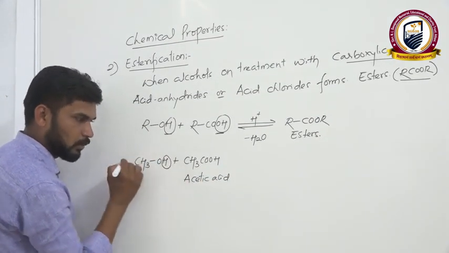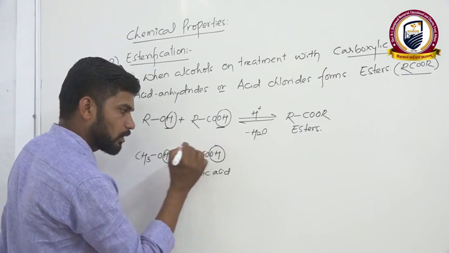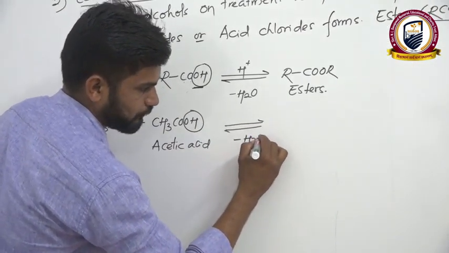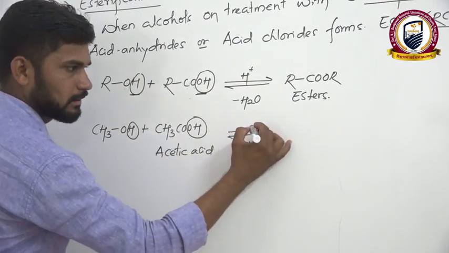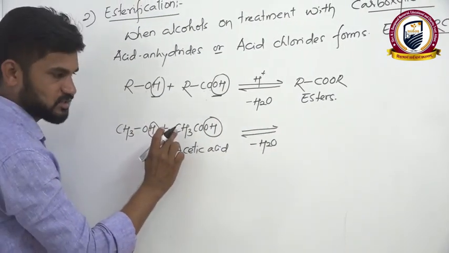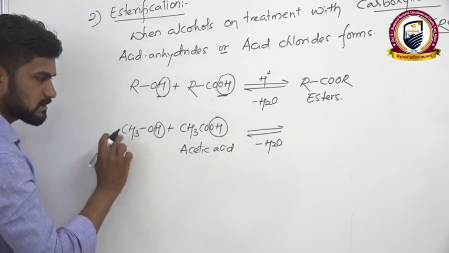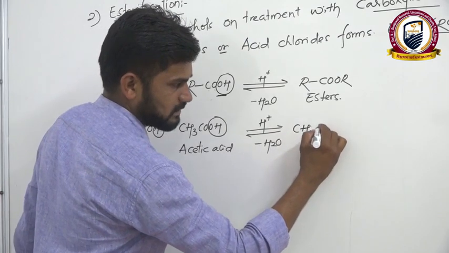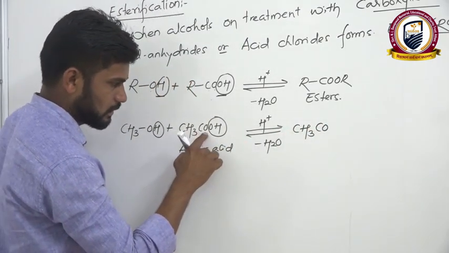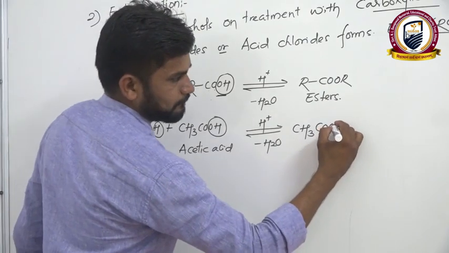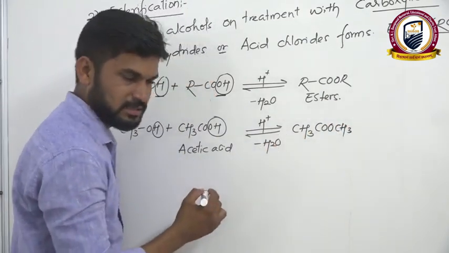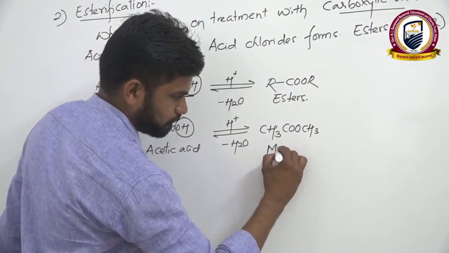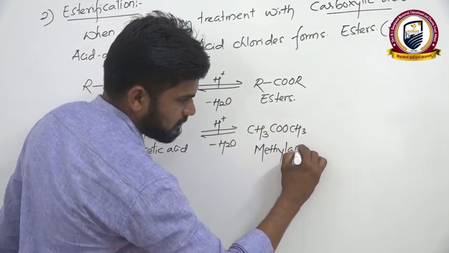Hydrogen from the alcohol and OH group from the carboxylic acid are eliminated as H2O, and there is a formation of the compound called ester, CH3COOCH3, in the presence of acid as a catalyst. This ester is commonly called methyl acetate.